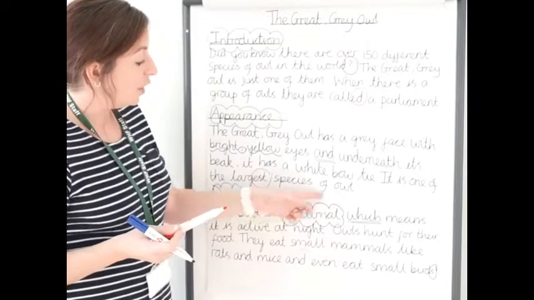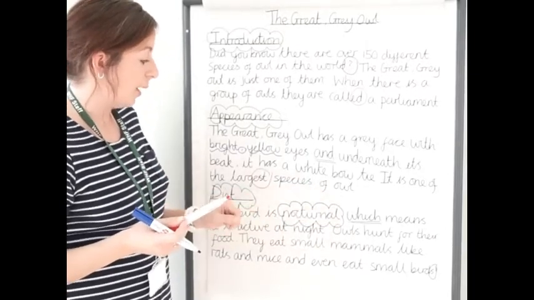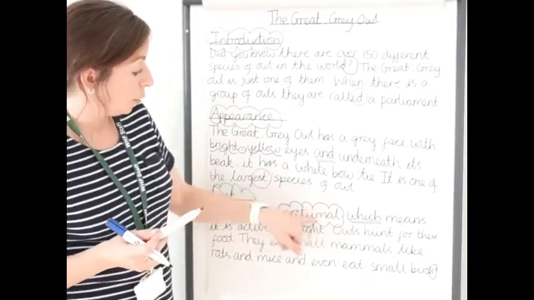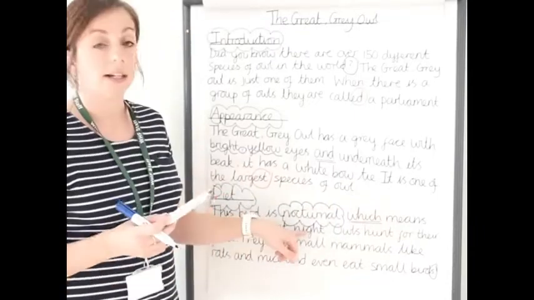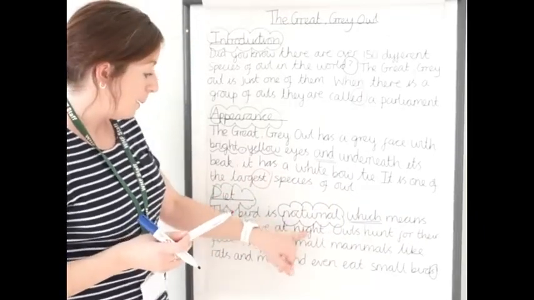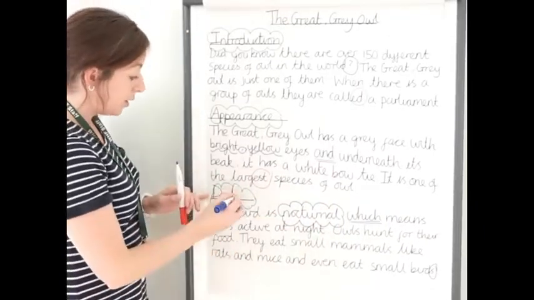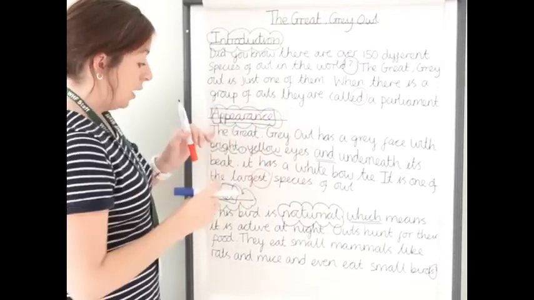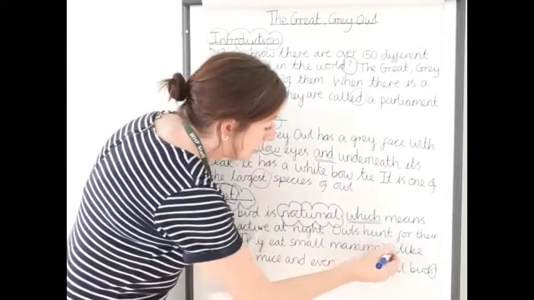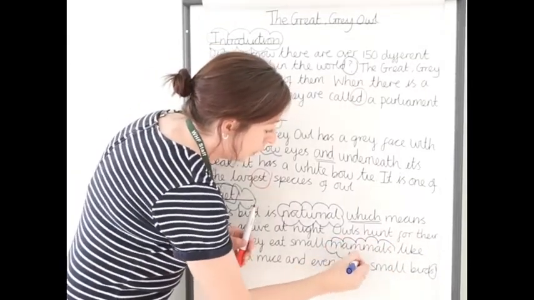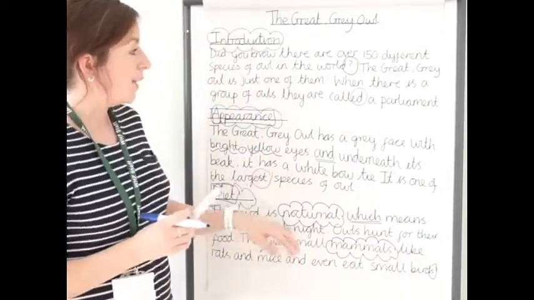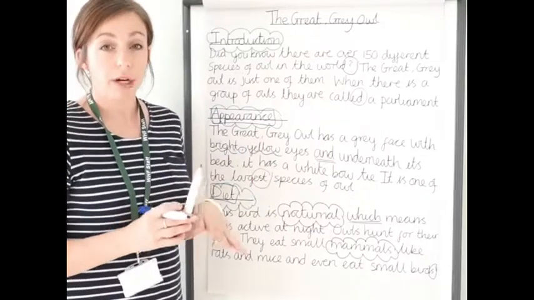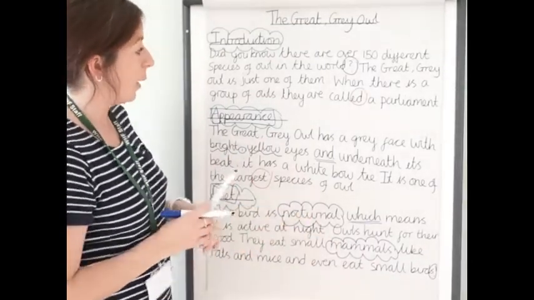But we need to carefully choose the correct vocabulary. So I've got nocturnal here, but then I've explained it for the reader in case they don't know what that means. Okay, we've also got diet, which is a well-chosen word, appearance, and we've got mammals. And these are all of those words that are linked to the subject, so really, really important that you use the correct vocabulary.